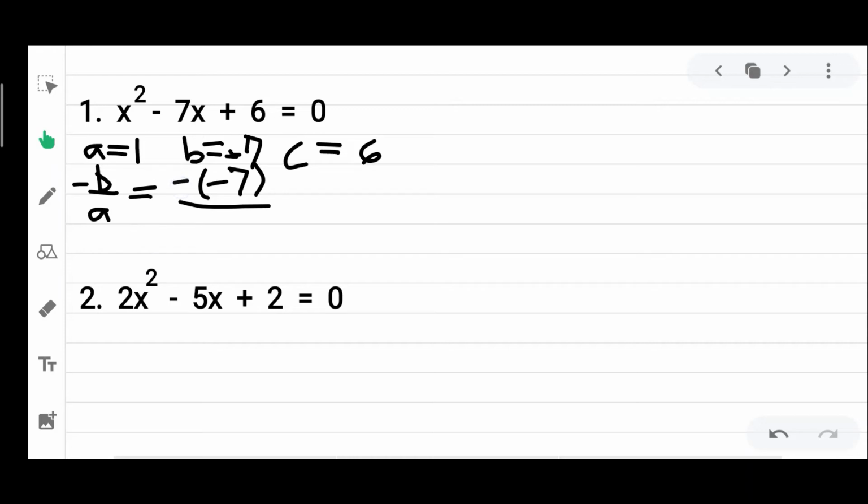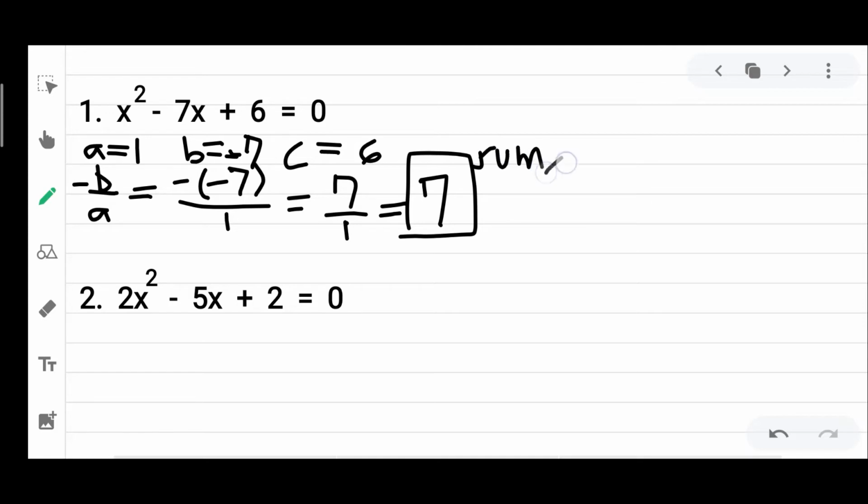Ang A natin is 1. Okay? So, negative times negative 7, the answer is positive 7. Tandaan ninyo the same sign, positive, over 1. 7 divide 1, the answer is 7. At ito yung solution natin for the sum of the roots.